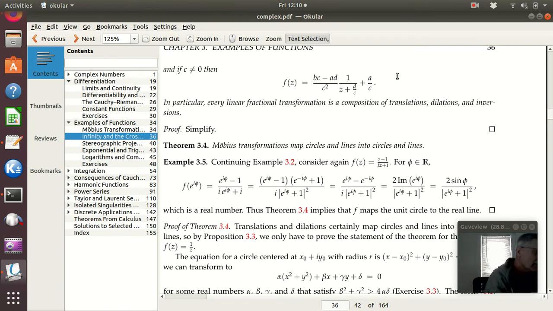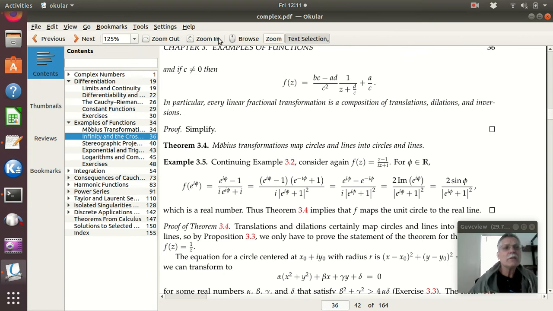So I'm looking at that top line there, f of z equals (BC minus AD) over C squared times 1 over z plus D over C, and then plus A over C. And our particular map is f of z equals (z minus 1) over (iz plus i).